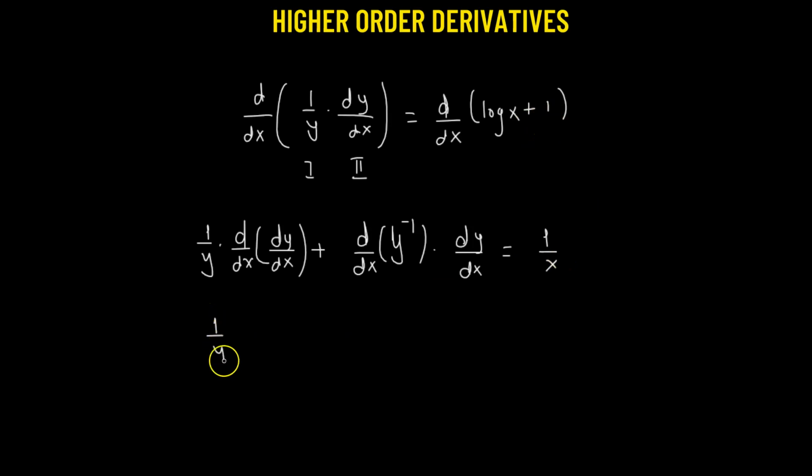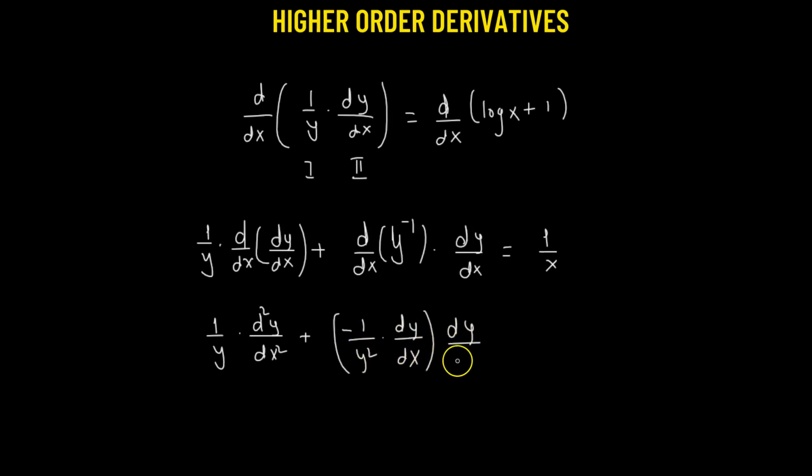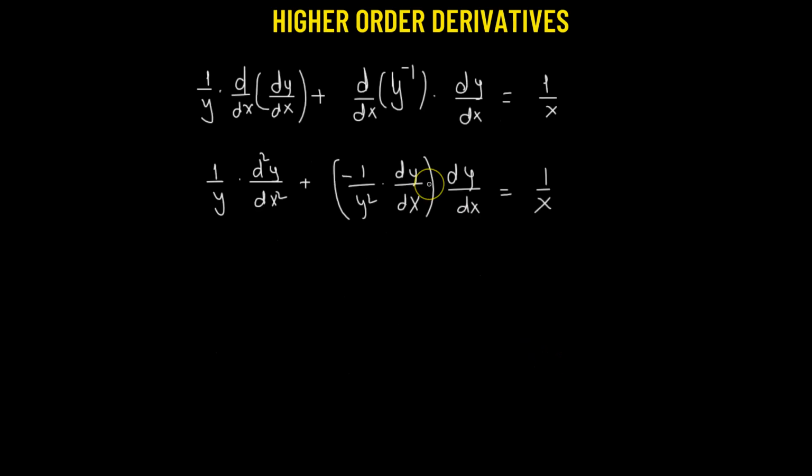So we get 1 over y times the second derivative of y with respect to x, plus the derivative of y raised to the power of minus 1 with respect to x. So that's simply negative 1 over y squared times dy over dx. This will get multiplied by dy over dx, equal to 1 over x. Right.